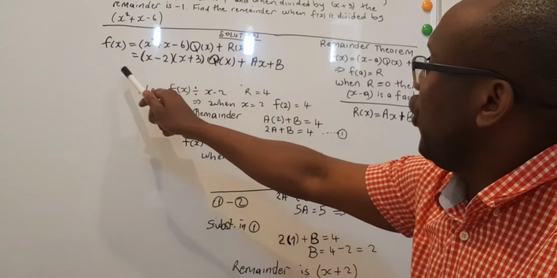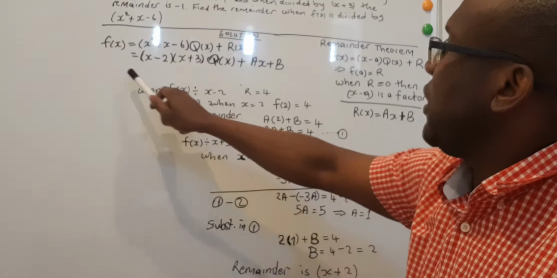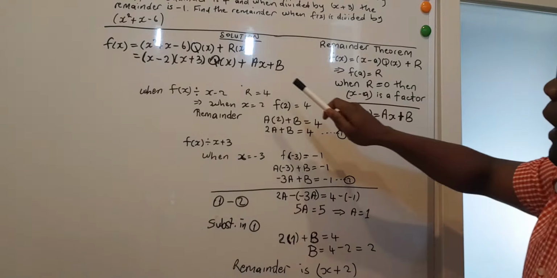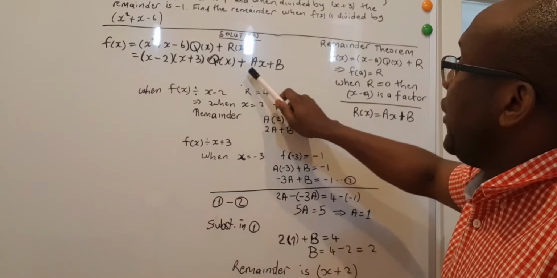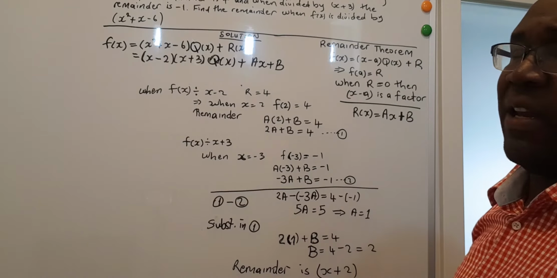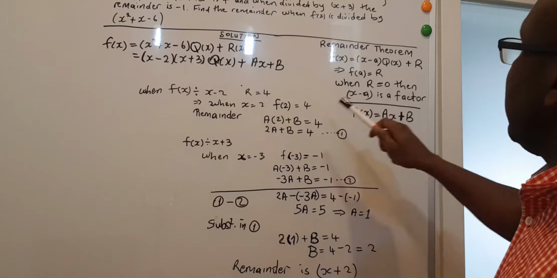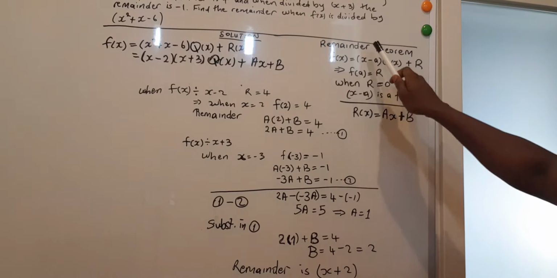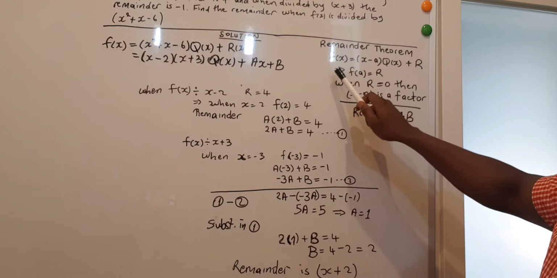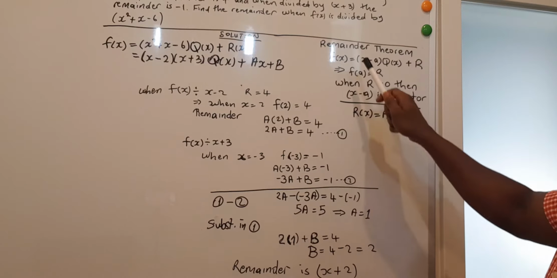Forget about this particular example. Sometimes this remainder can be just a constant, which means it's independent of x. If that is the case, then r is just a number. And this formula reduces, in general, to: if f of x is divided by x minus a, then we can write it in this form.